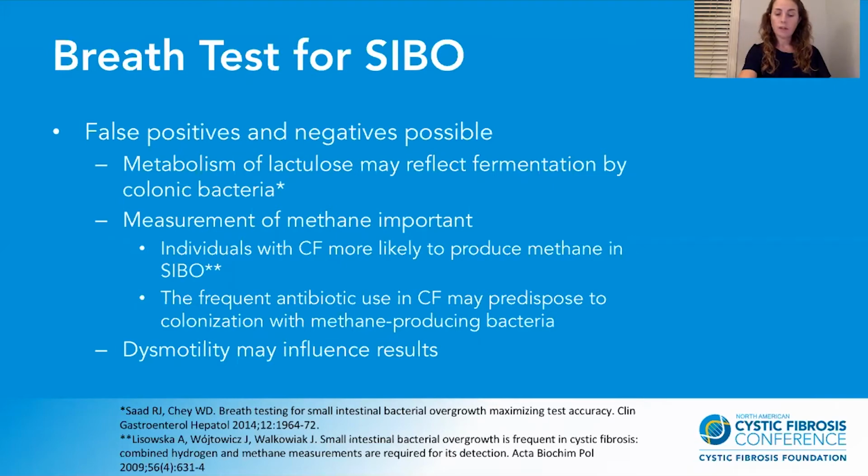Also, it has been emphasized in the literature that individuals with CF are more likely to produce methane, perhaps because of frequent antibiotic use. So it is important that both hydrogen and methane are measured during testing. Delayed intestinal transit may also alter the results of the breath test. This is potentially problematic in individuals with CF since dysmotility is common.